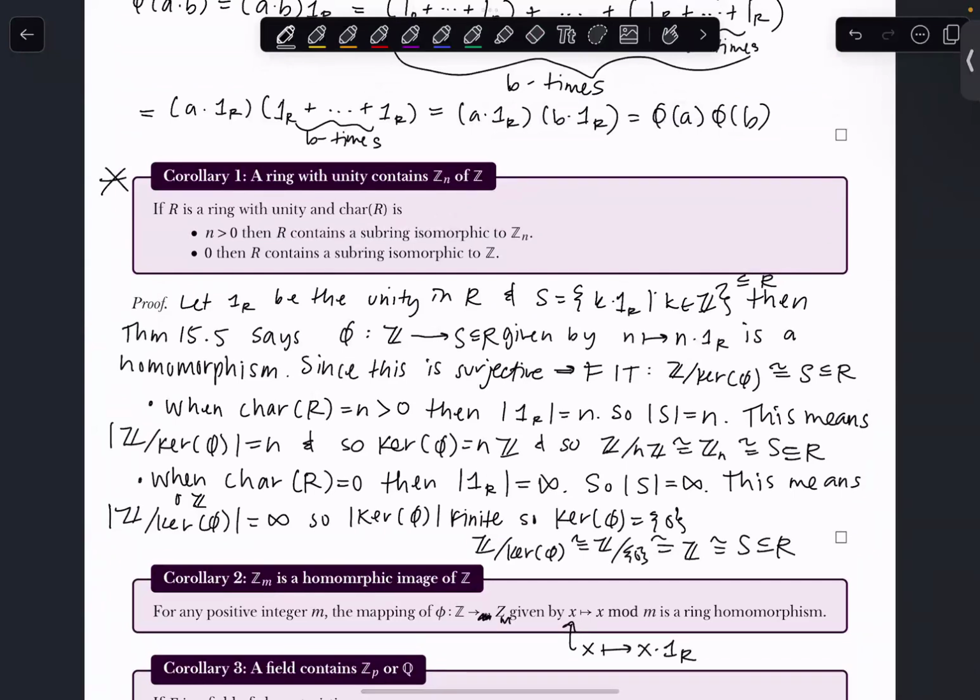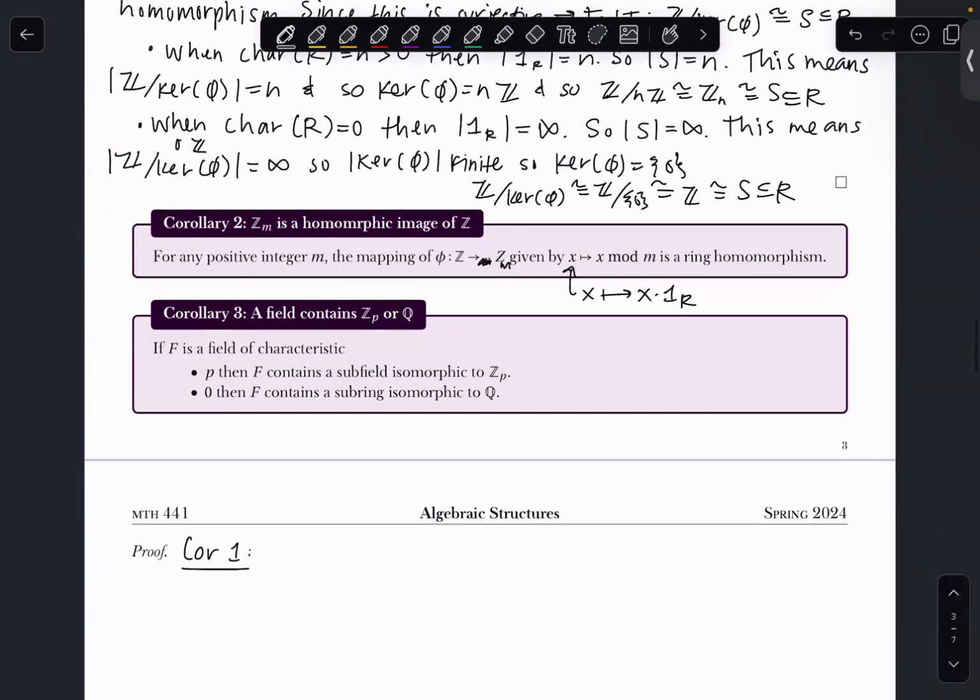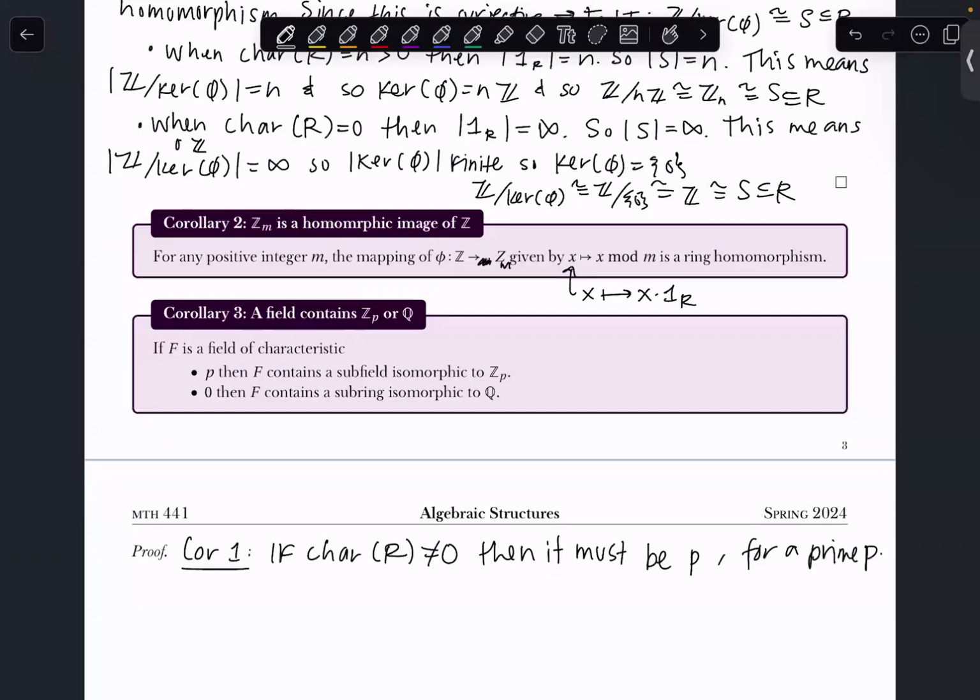If our characteristic is equal to n, so if the characteristic of R does not equal 0, then it must be P for a prime P, since our fields only have characteristics 0 or P here. Okay, and so this is telling me that I have a subfield.